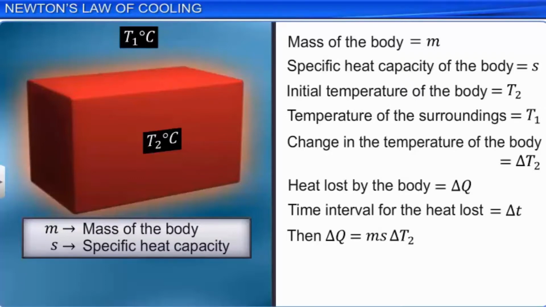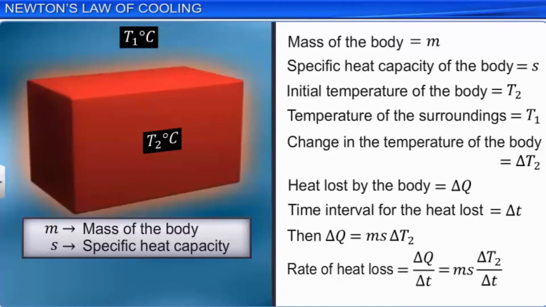Then the rate of heat loss is equal to delta Q by delta t equals m S delta T2 by delta t. Let this be equation 2.